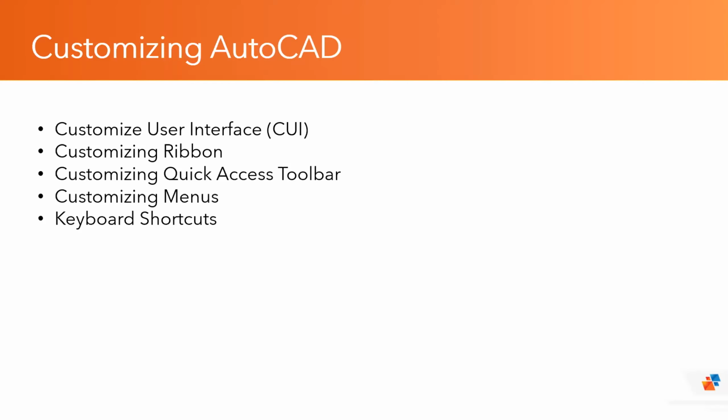So when you look at generally the interface, there's a big ribbon you'll find and go update the ribbons based on the needs. You'll find quick access toolbars, shortcut menus, pull down menus, all the file menus, keyboard shortcuts, you name it. So there are a number of items we could go in and customize within AutoCAD.